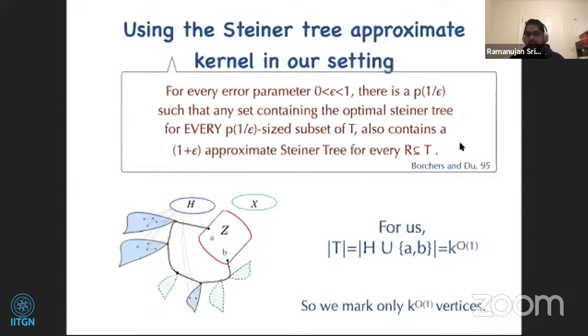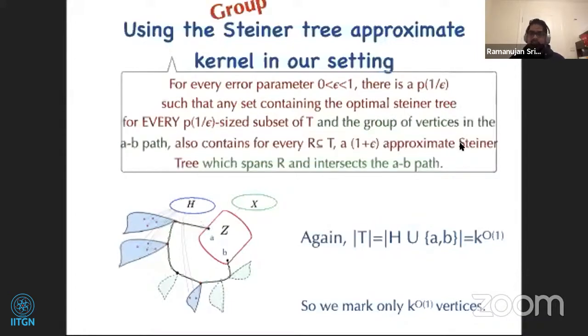If it's too large, I just ignore that particular subset. So this way, I have a poly k number of possible subsets. For each subset, I have an order k sized tree. So overall, my subgraph that I mark in this procedure will have size poly k. And we'll see that this is really sufficient. The remaining vertices are pretty much irrelevant. So whatever I wanted to achieve, I would have achieved just within these poly k vertices that I had marked. The important point being that I'm allowed to make an epsilon error, and that is very crucial.